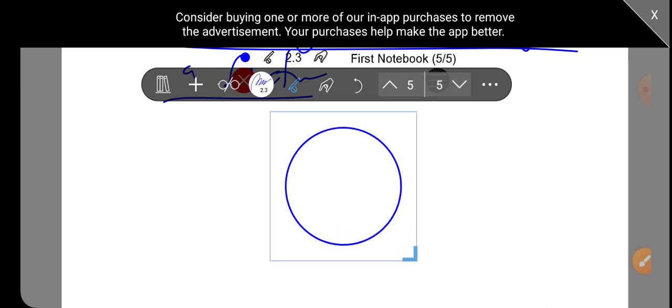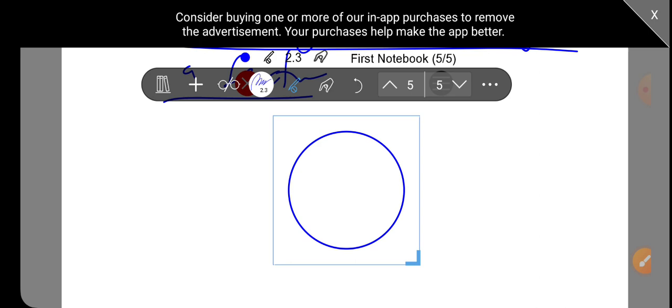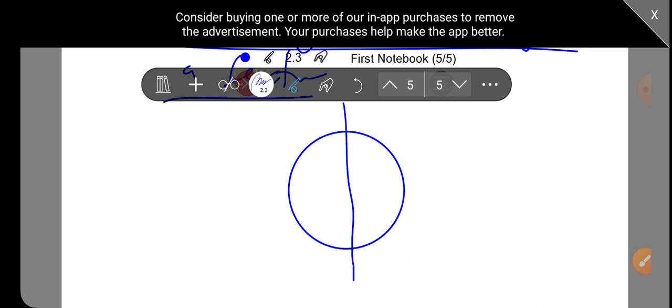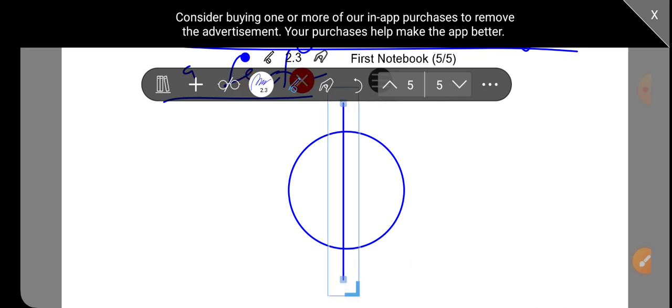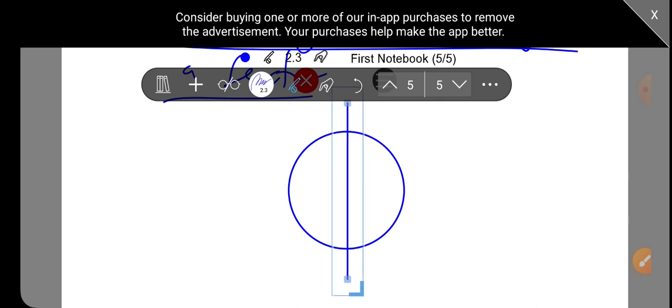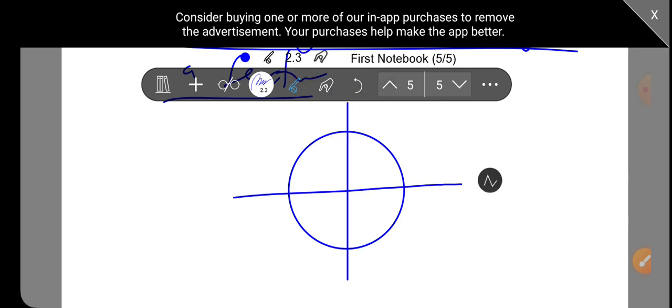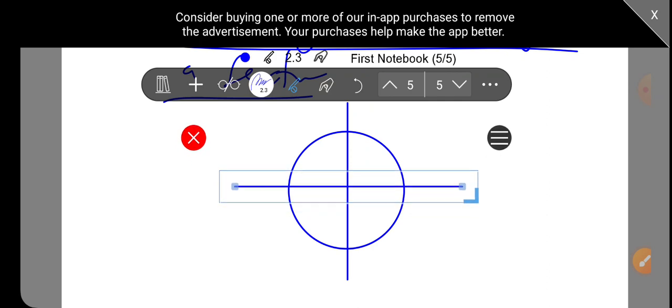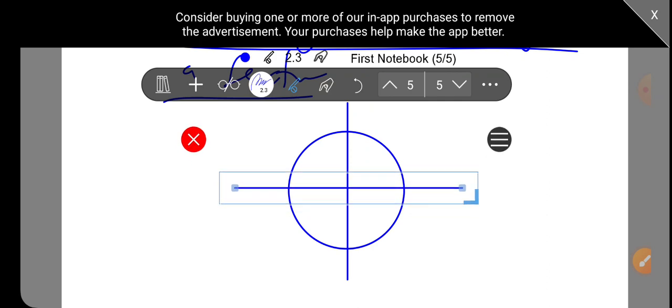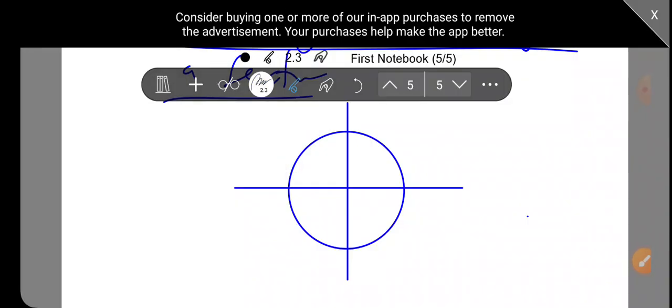Okay, suppose I have this circle. Okay, and then let's say I've got center O. It's a circle, could be a unit circle, yes, a circle with center O, anything.